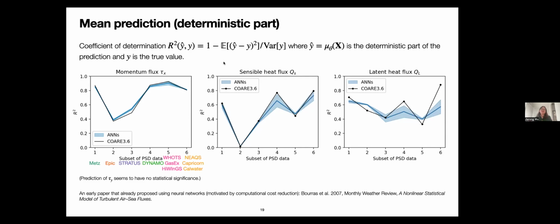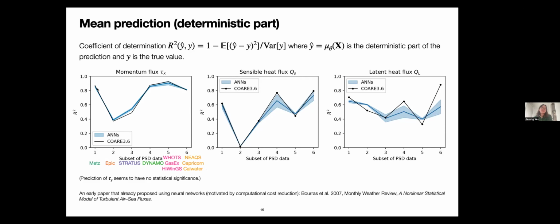For a perfect model, R squared would be 1, and the smaller R squared is, the less predictive skill your model has. So we can see how both the ANN and the bulk formula, in this case COARE 3.6, do on these 6 subsets that I showed in the previous slides.